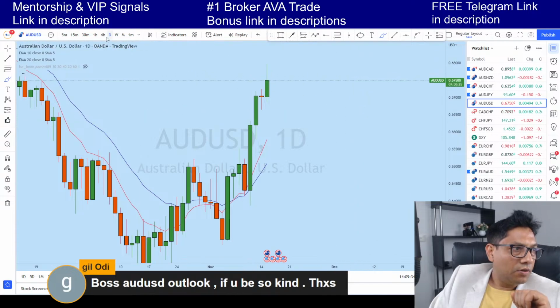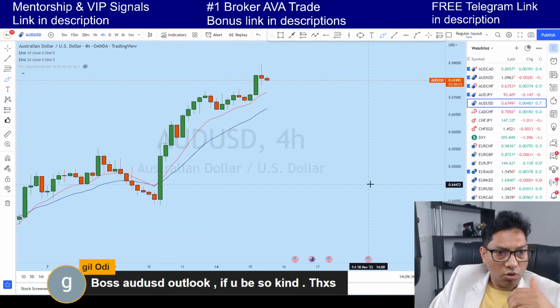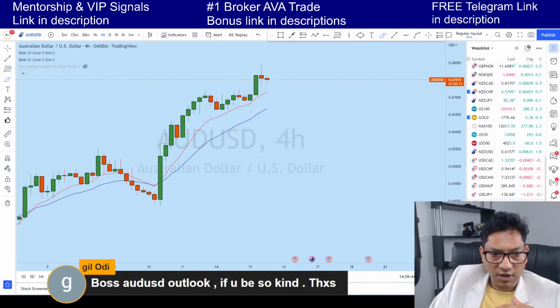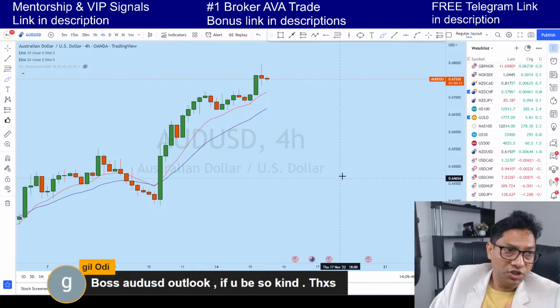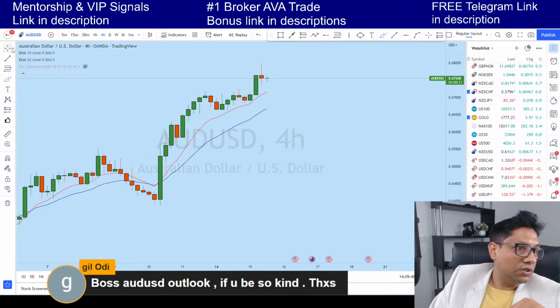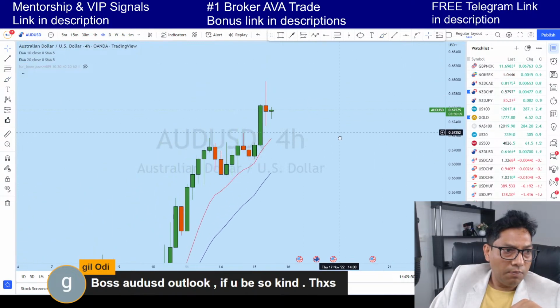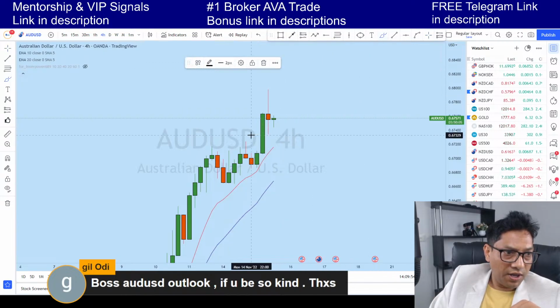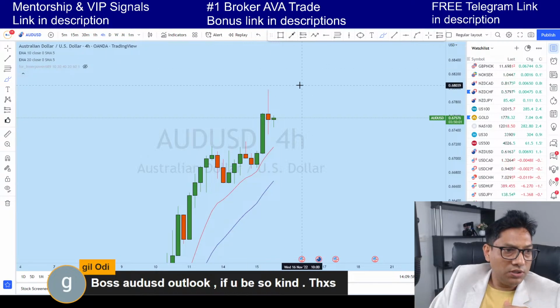All those pairs in my radar, all USDs are still bullish. Everything related to USD is so far bullish. Now AUD USD, what it could do, it might create a doji and then could continue to go up, or it might break this low and then continue to go up. So AUD USD also looking strongly bullish.